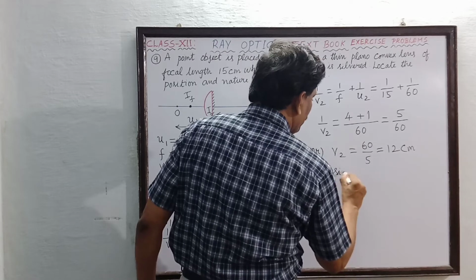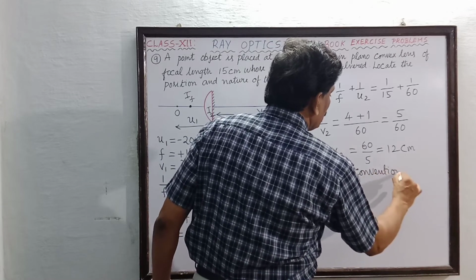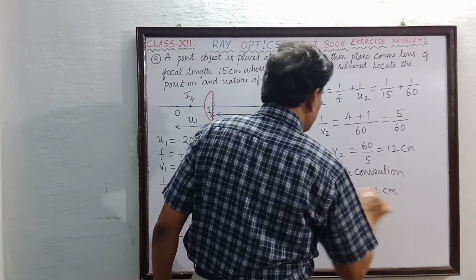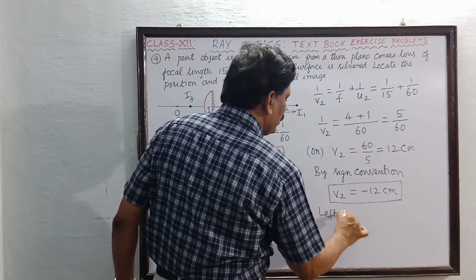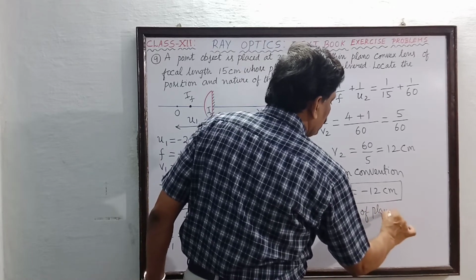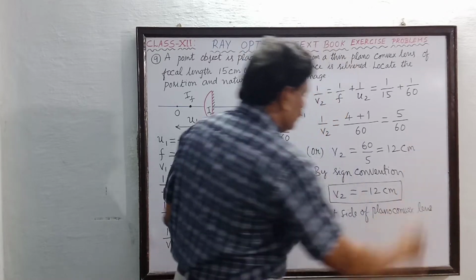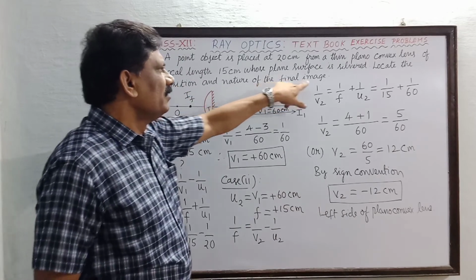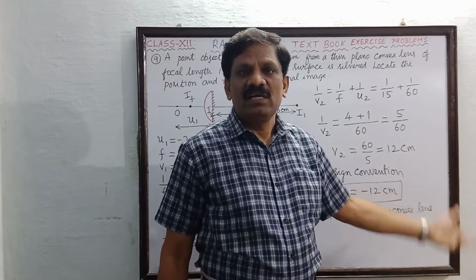So V2 is equal to minus 12 centimeter, on the left side of the plano convex lens. So this is the position of the final image. Understand that? I hope you have all understood well. Fine.